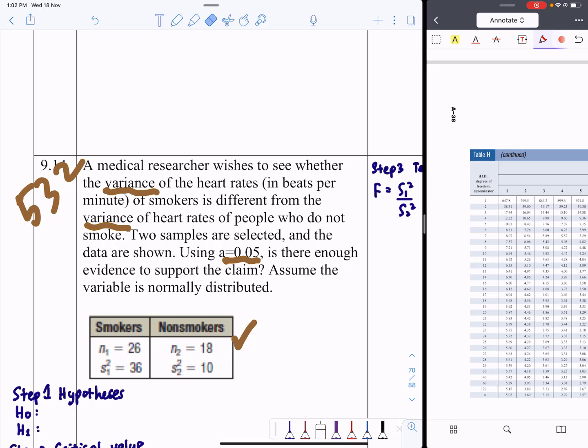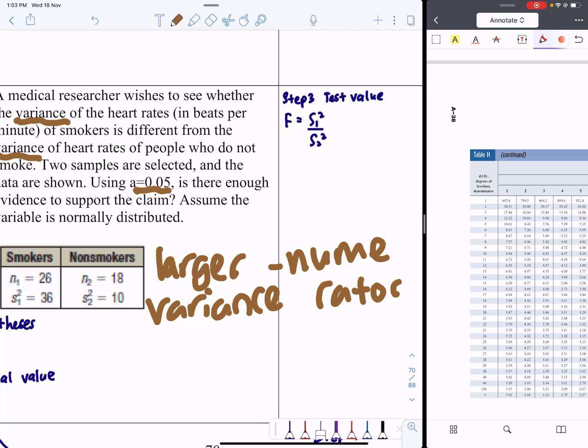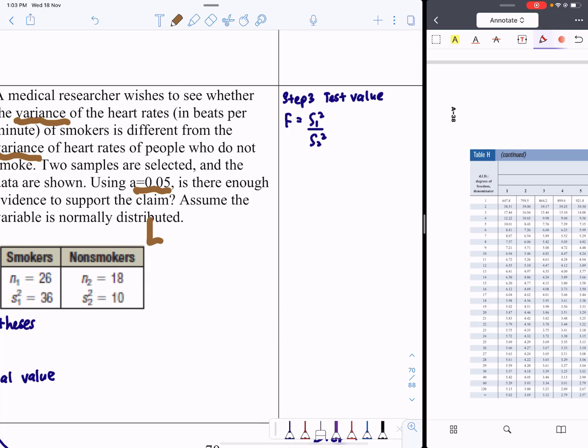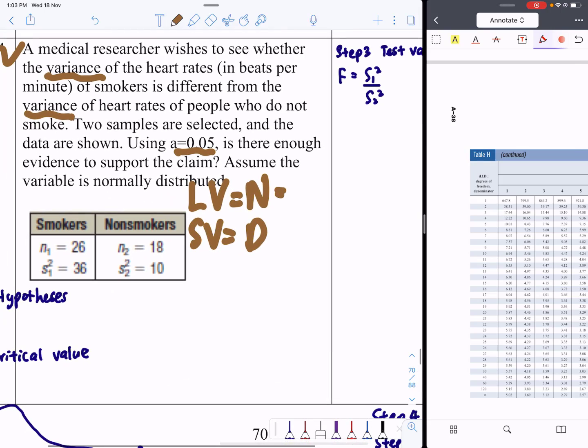As a conclusion, what you need to understand is that the larger variance should be numerator, while the smaller variance will be denominator. That means here we have n for numerator. This one is larger, right? 36. n is 26. Denominator is 18.